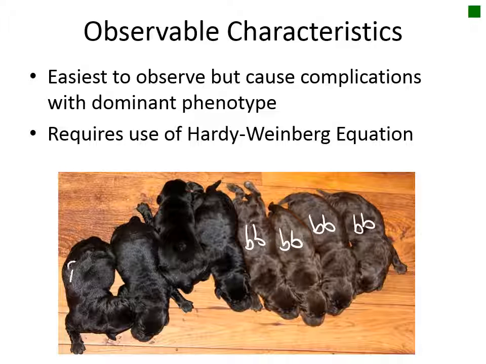However, the black labs must have the dominant black allele, but we are unsure whether they would have a recessive brown allele or be homozygous dominant for the black allele. The frequency of the alleles will differ depending on what that second allele is. In order to use observable characteristics, we must use the Hardy-Weinberg equation, which will be discussed in the next video.